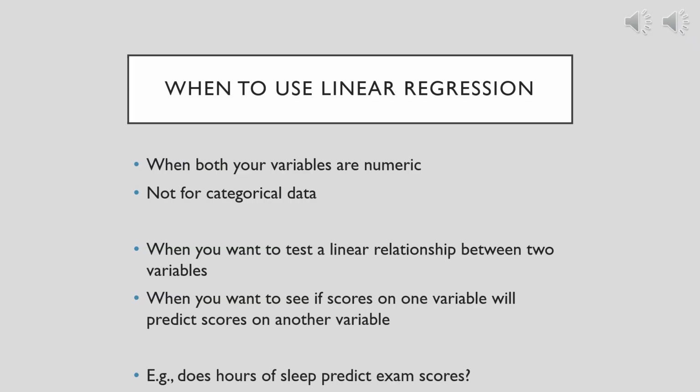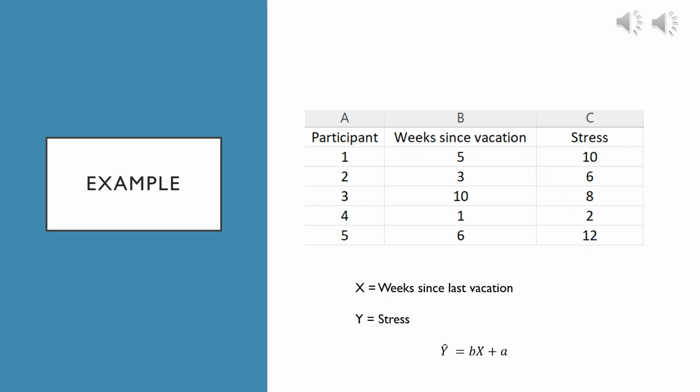Let's dive into it. Okay, so let's take an example, and maybe you can relate to this example. I would be curious to try to predict your stress level, or anybody's stress level, using weeks since last vacation. So we might expect, if you haven't had a vacation in a lot of weeks, that your stress level might increase.